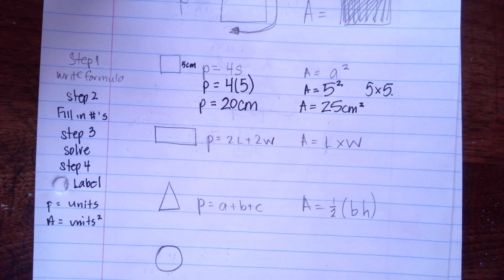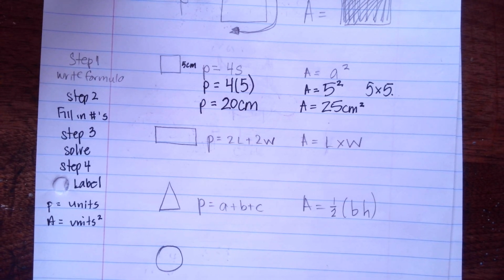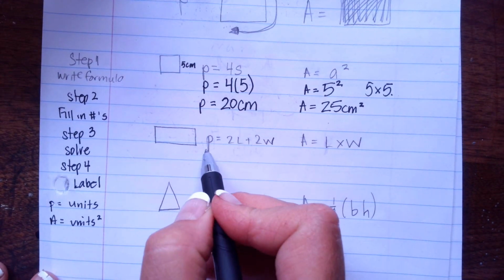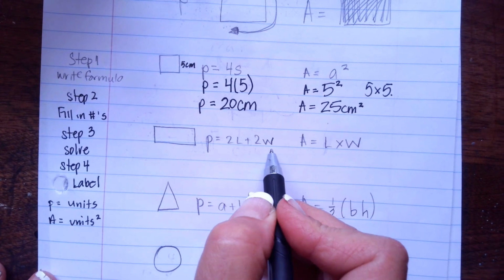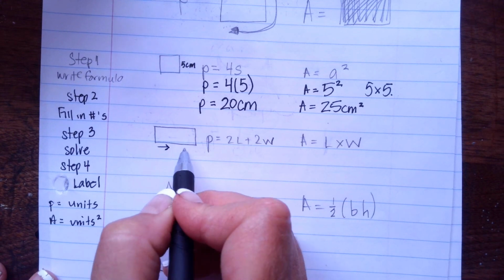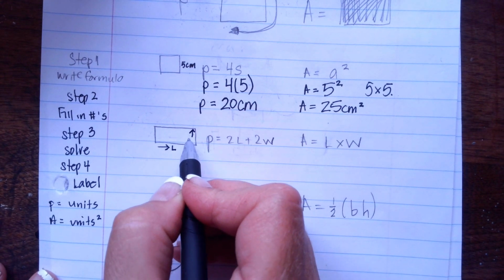Now, perimeter and area of a rectangle is the same exact thing, it's just a different formula, but you follow the same exact steps. Step 1 is to write the formula. So P equals 2L plus 2W. This is our L. And this is our W, width.